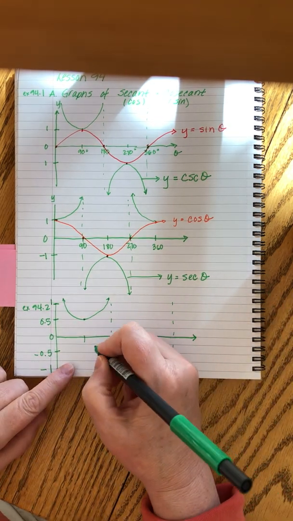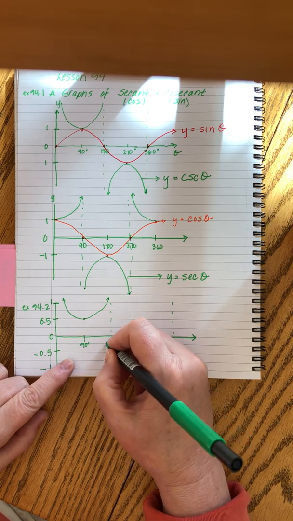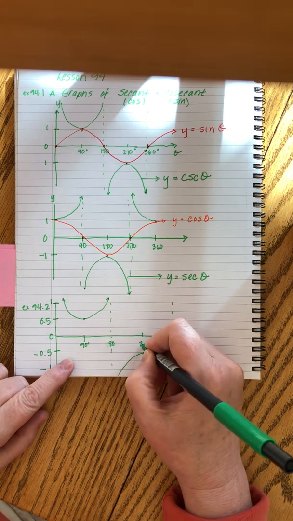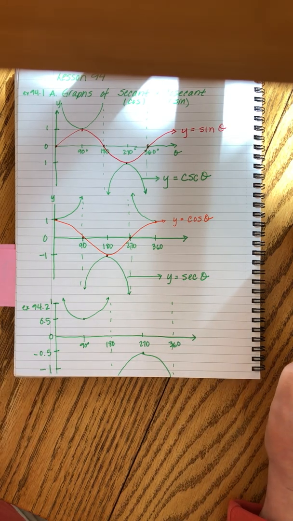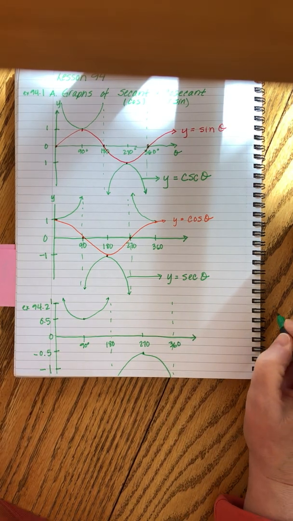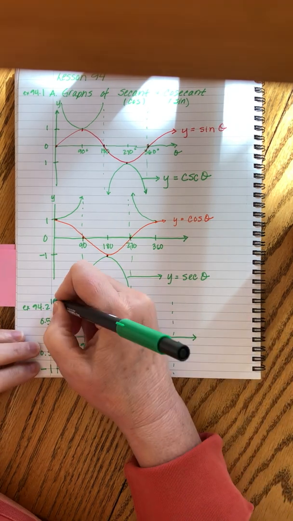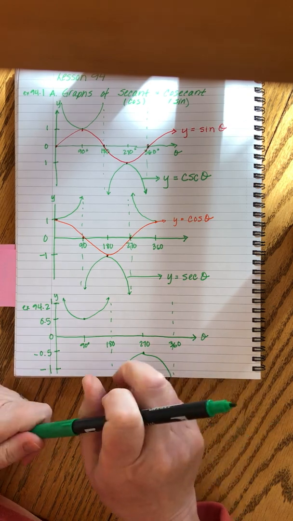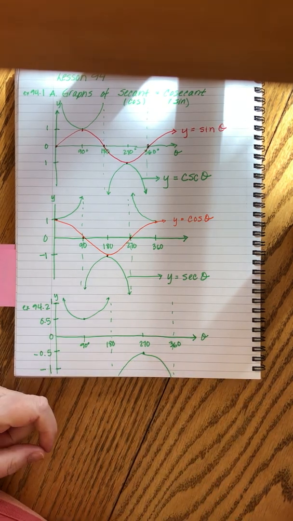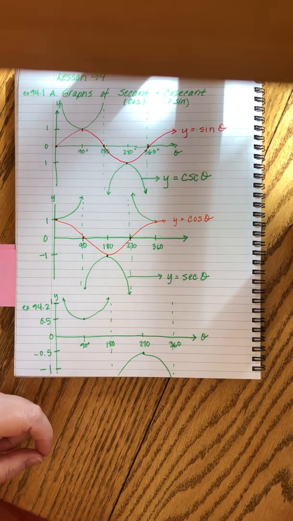Still just drawing our picture, 90, 180, 270, 360. Okay. This is our Y. This is our theta. Now we can still draw these in, but we can quickly see a pattern forming, right?